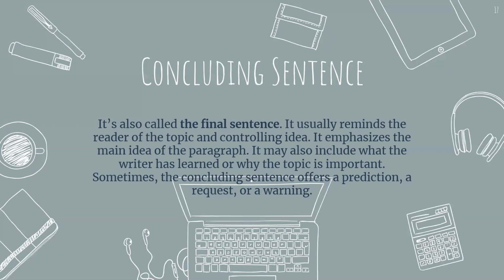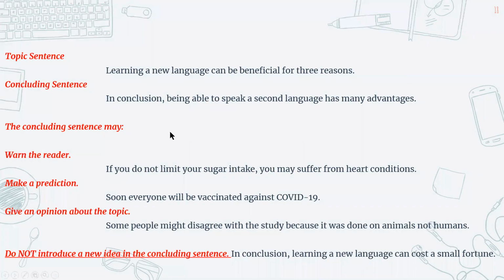The concluding sentence is how you finalize your paragraph. It can be a general statement or a summary of the paragraph. We are going to take a look at an example. Imagine that we have a topic sentence here, such as this one. Learning a new language can be beneficial for three reasons.